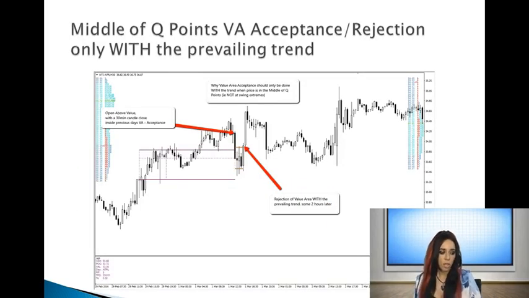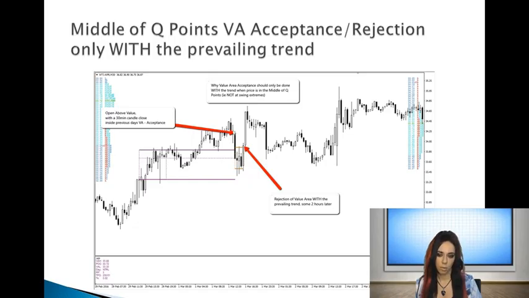Now this chart shows you why you shouldn't go against the trend when the price is in the middle of Q points, middle of nowhere. This particular instrument is in an uptrend going towards its Q high, okay? We get an open above value.